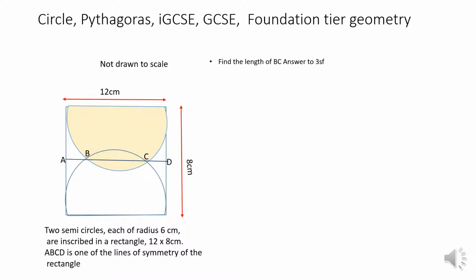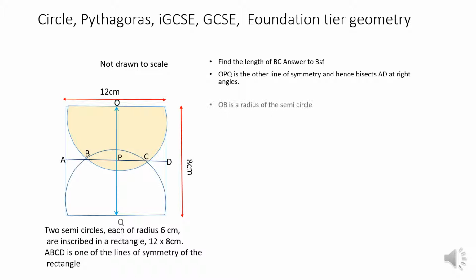Now, I'm going to draw the other line of symmetry, which is the line OPQ. Now OB is the radius of the semicircle.